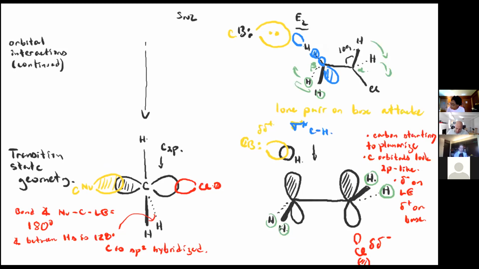Okay, so let's talk about the stereochemical outcome. SN2 is easy. We already said this. This is inversion. Not going to say too much more about that. E2, there's an important point here, okay? Which is that rarely are we going to do an elimination to make ethylene, right? An unsubstituted olefin.